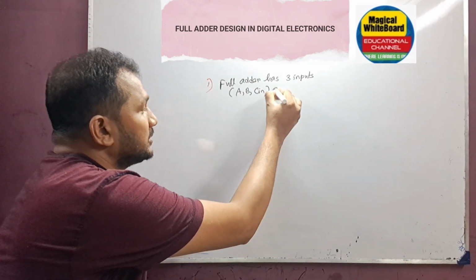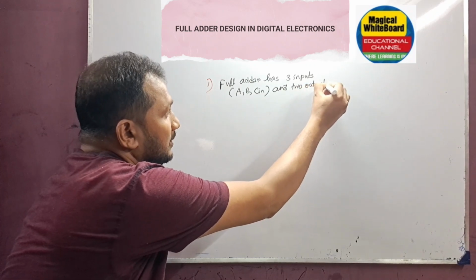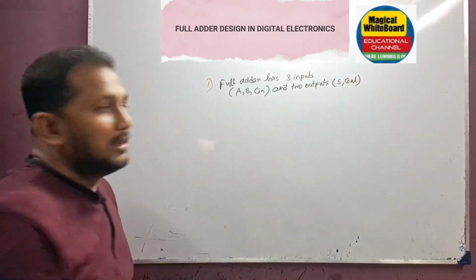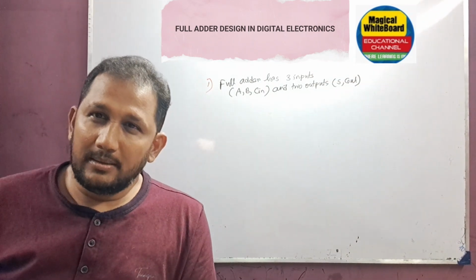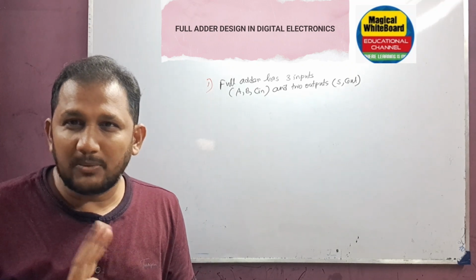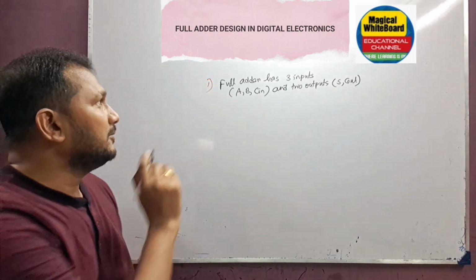And it has 2 outputs: Sum and C out, meaning carry out. So every adder must have 2 outputs, one for the sum of this bit and another for the carry out, C out. So this is the first point.